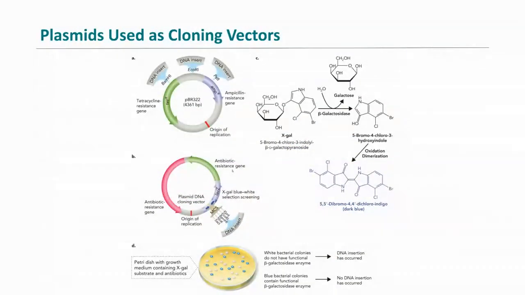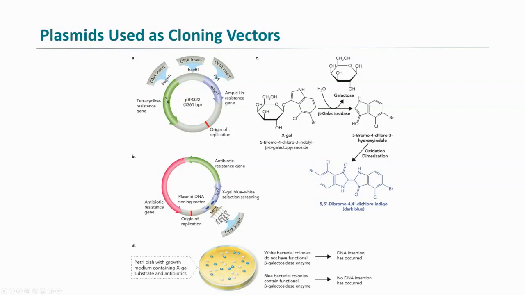Okay. And plasmid is important because it can be used as a cloning vector, to carry a foreign DNA sequence so that you can study or express the gene. For the plasmid to act as a cloning vector, it needs to have an ampicillin resistance gene, which can be used as a selectable marker to identify the recombinant cells.